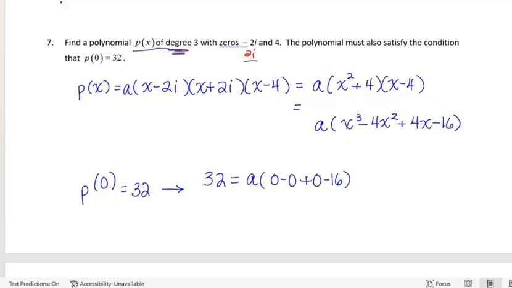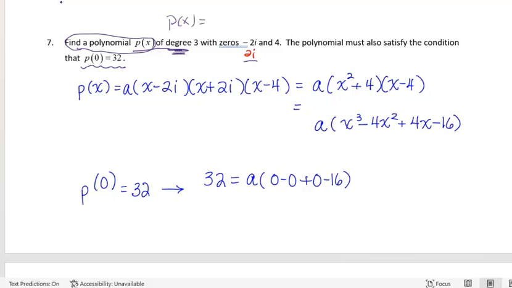And the polynomial must also satisfy the condition that when x equals 0, the function value p(0) is 32. It asks me to write this polynomial.